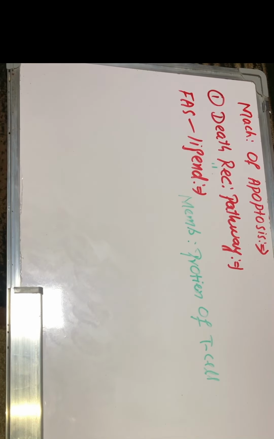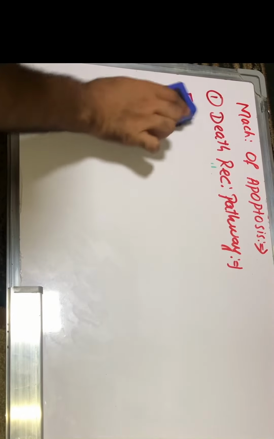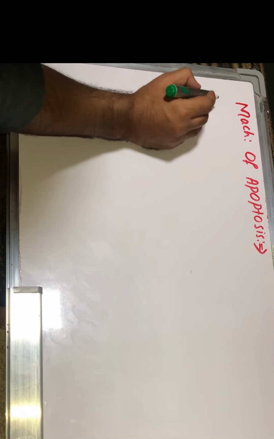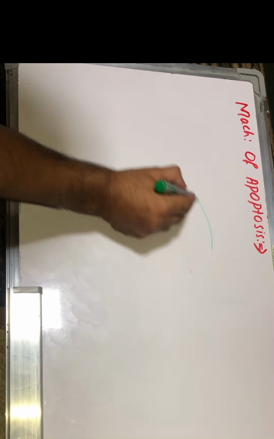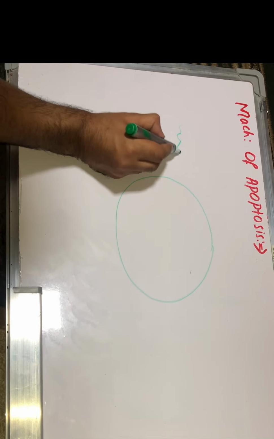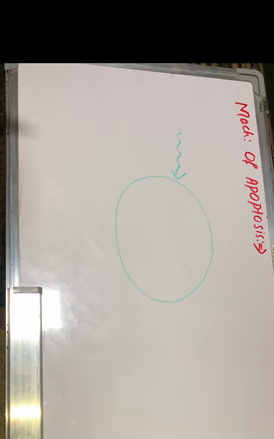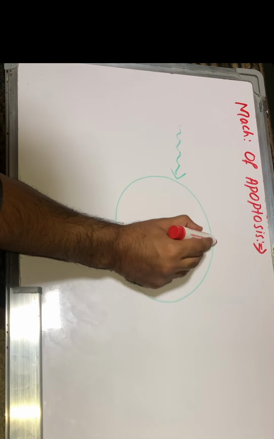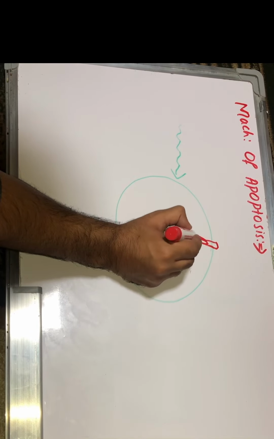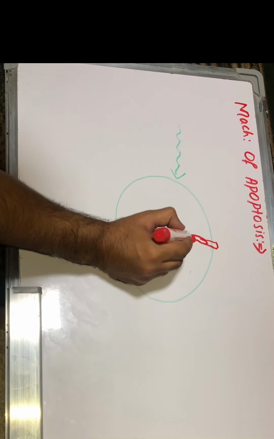So, for example, if there is any injury, radiation, toxin, or chemotherapeutic agent, for example, this is a cell, and this cell is injured due to some injury. For example, this is a tumor necrosis factor containing an intracellular death domain.